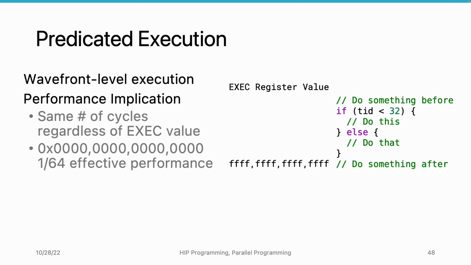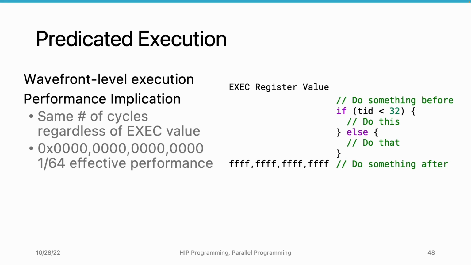So here are some performance implications. It takes the same number of cycles for your compute unit to execute one instruction regardless of the state of the execution mask. So if we have an execution mask that is all 0 but with only one 1 in it, only one of the threads will take effect.